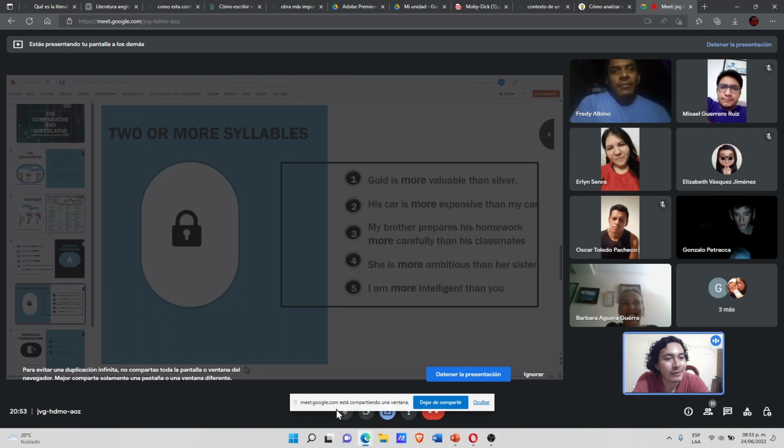Who has tried number 4? Maria Luz, I can see you. You can read the number 4 first, and then we use the superlative in this sentence.